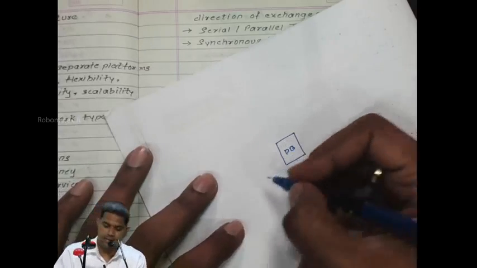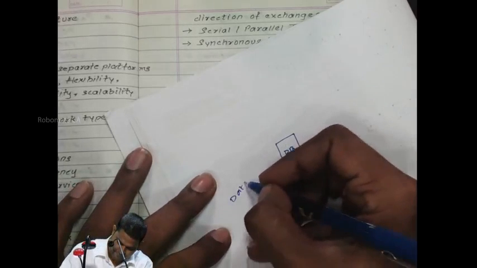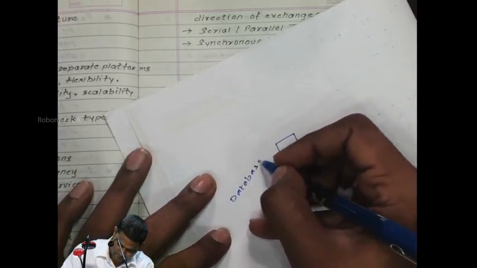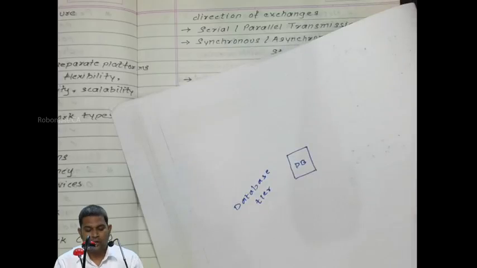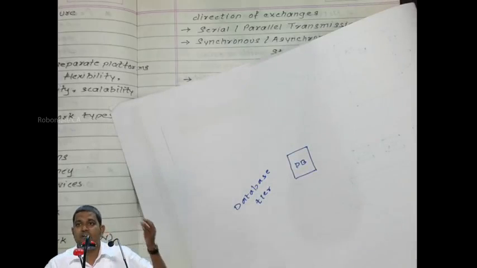Okay, it is the database tier. Now this particular database tier, and the second tier was presentation tier.